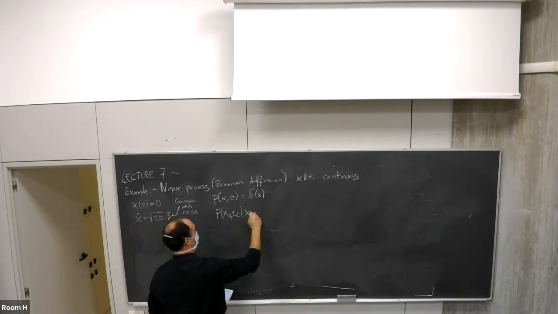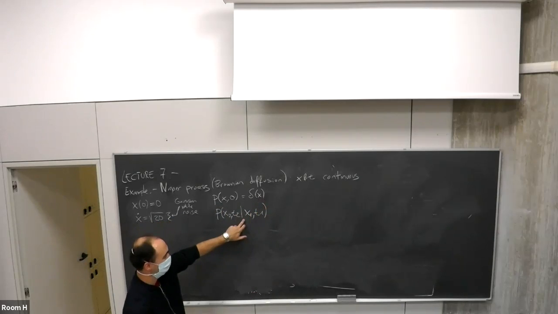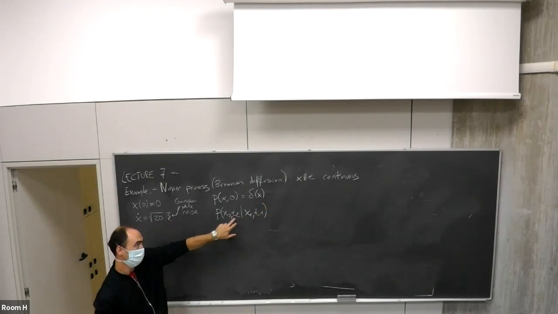Given that we know at time t1 you are at x1, what is the probability that you go to x2 at time t2?